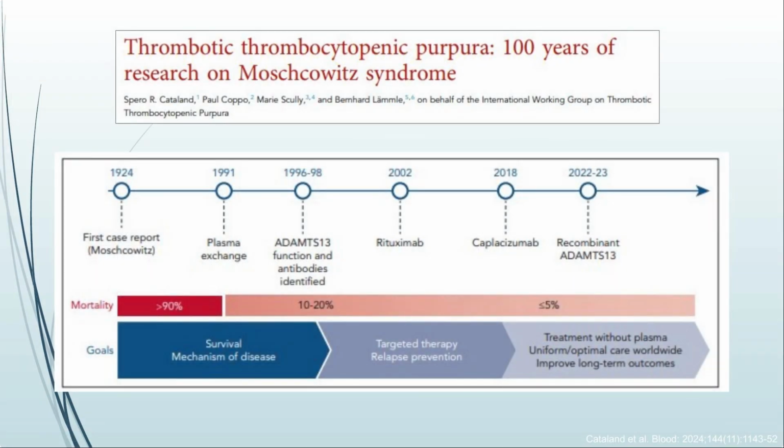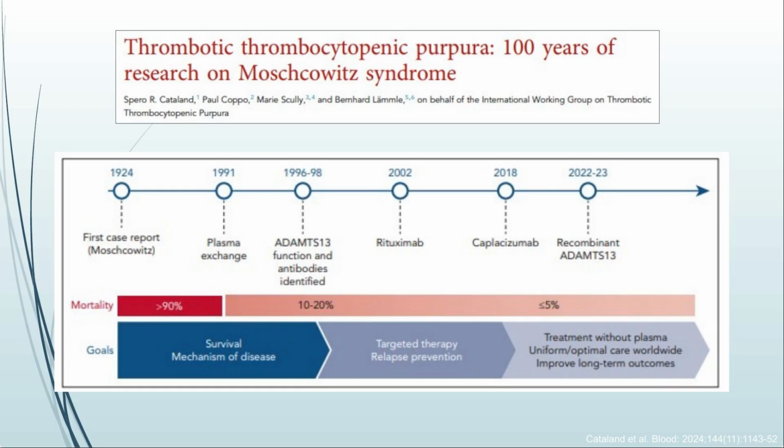So this diagram nicely depicts the milestones in TTP and how these advances have affected mortality and the goals of TTP and its understanding as treatment advances. Today we're looking at, can we treat TTP without plasma exchange, and how can we optimize and provide more uniform care and improve long-term outcomes for patients?